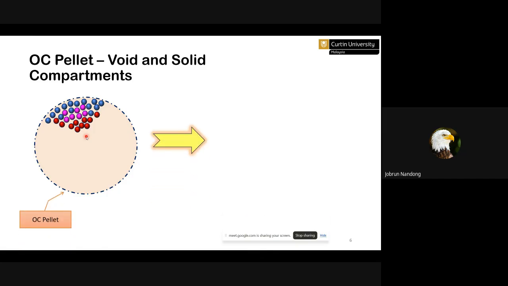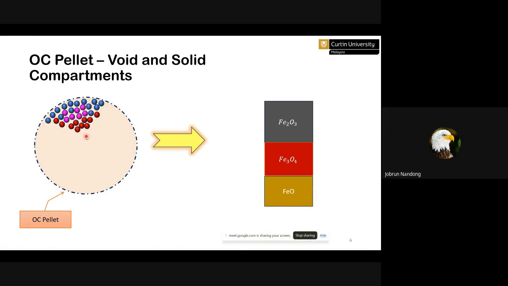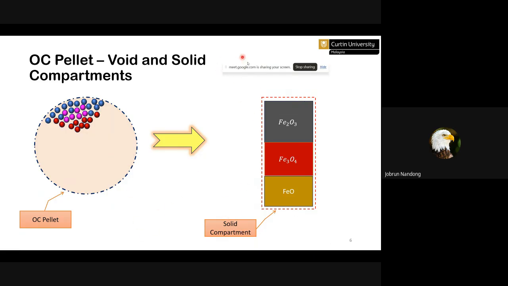All right, so now we can imagine that this pellet consists of Fe2O3, that's hematite, magnetite, and wustite. Okay, FeO is wustite. So this one we can categorize as a solid compartment. Okay, so this is a solid compartment.